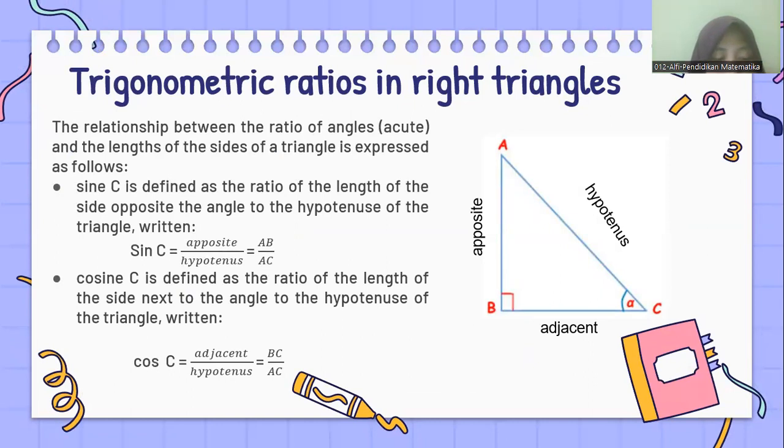Before going into the material trigonometry ratio in right triangle, before naming the side of right triangles. What is the relationship between side and angle in a right triangle? Anyone know?